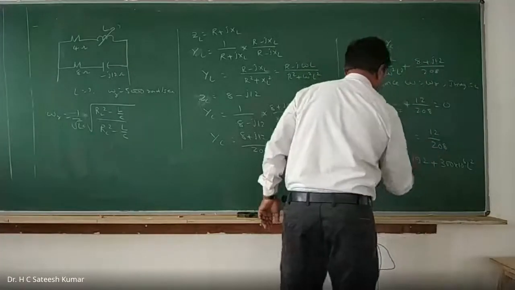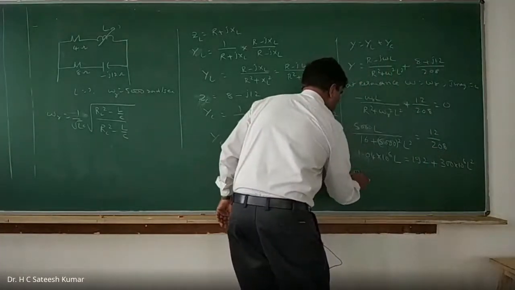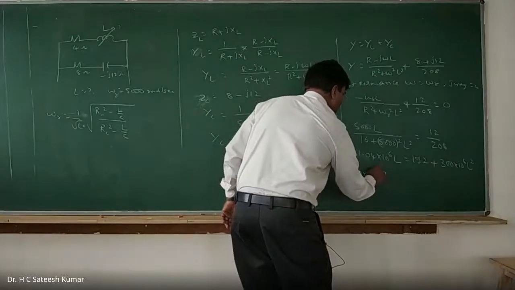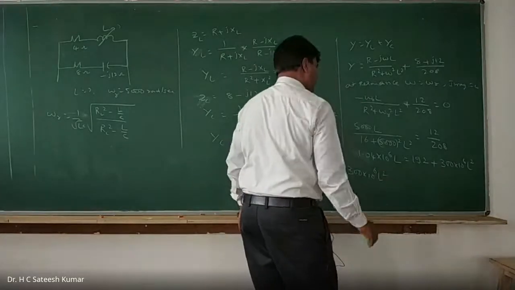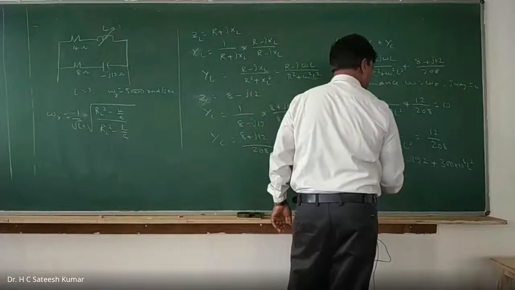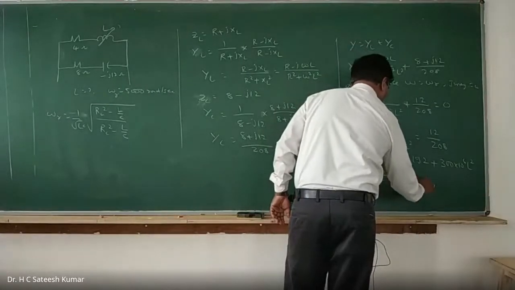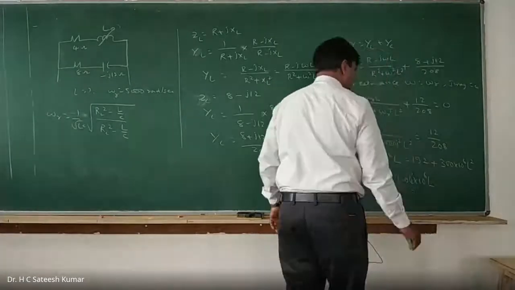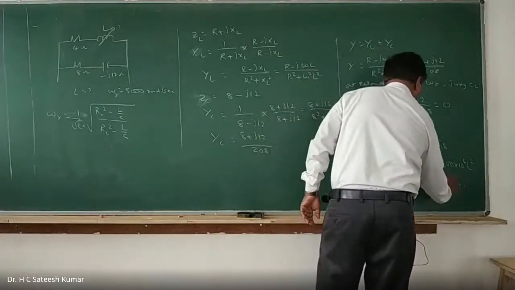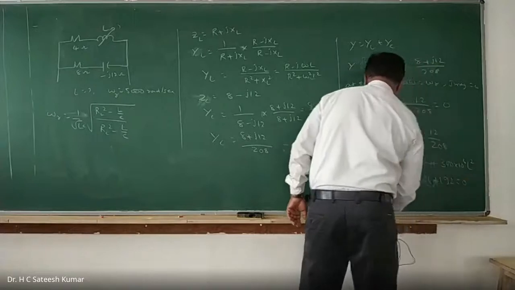Now transfer all of them to one side: 300 into 10 to the power of 6 L square minus 1.04 into 10 to the power of 6 L plus 192 is equal to 0. How much is this L?